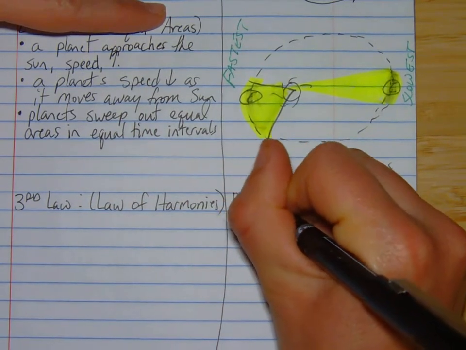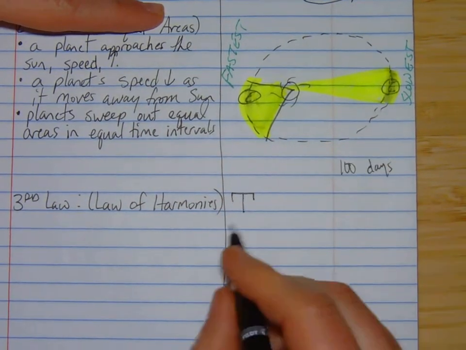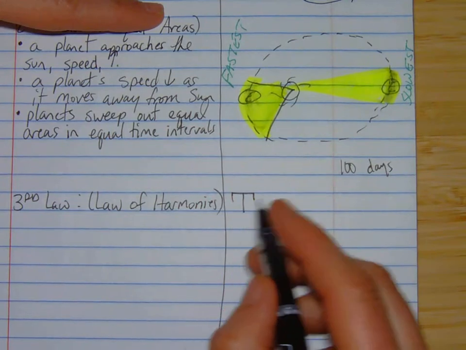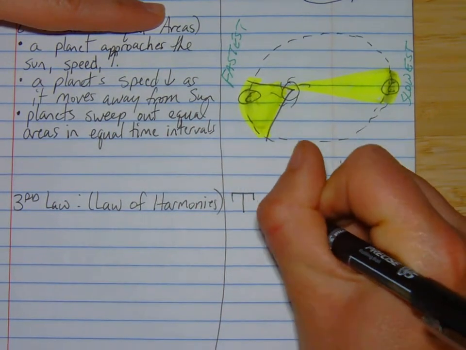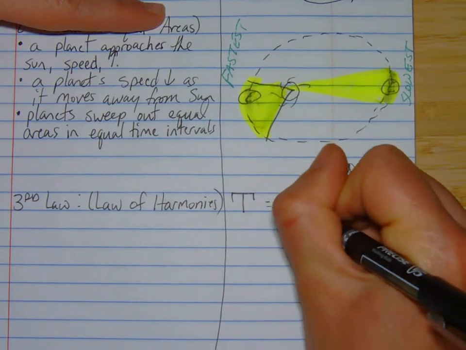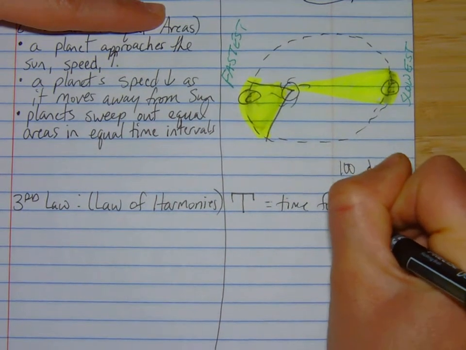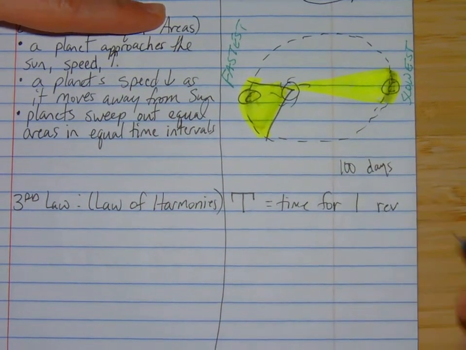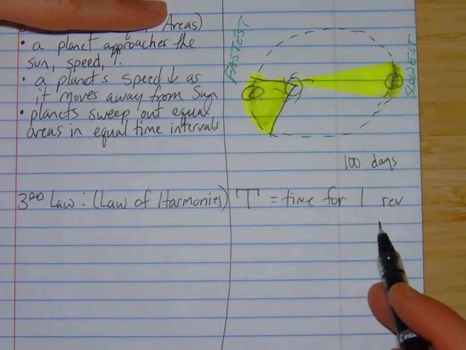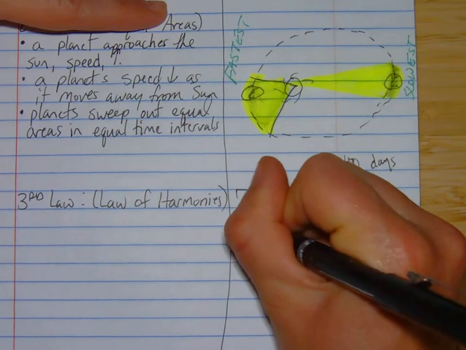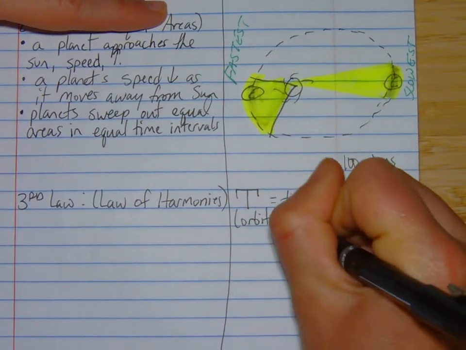Let's look at the symbol for period. Remember the T with the little flaps there? That stands for orbital period. It's the time for one revolution. So for the Earth, that would be 1 year. All right, it's going to be in Earth years. So this is orbital period.